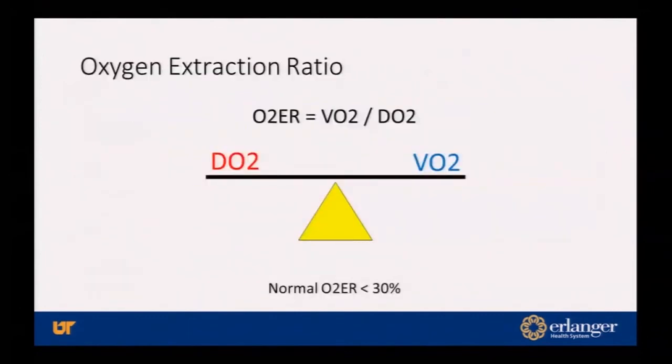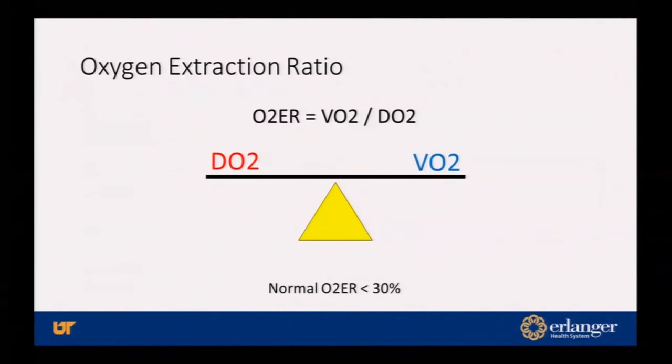Finally, we're left with the concept of oxygen extraction ratio. And as we've said, this is just the amount of oxygen that was consumed as a ratio over the amount of oxygen that was delivered. If we say that the oxygen consumed is always about 20 to 25%, then we recognize that our oxygen extraction ratio, the VO2 over the DO2, should always be less than 30%.